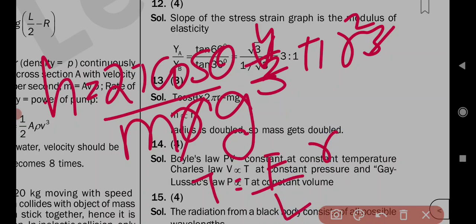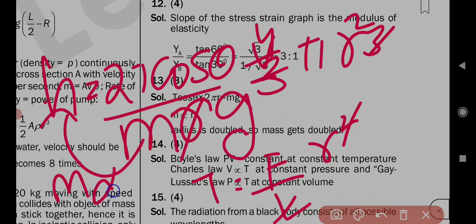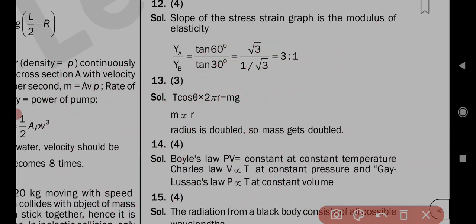So here r square, this cancels. So mass, if you send this side, m is directly proportional to r. Okay, did you get that? I hope so. Let's see the next one. If you just remember that if you double the radius, you'll get double the mass, that's it. Let's talk about an important thing, that is a very simple thing.